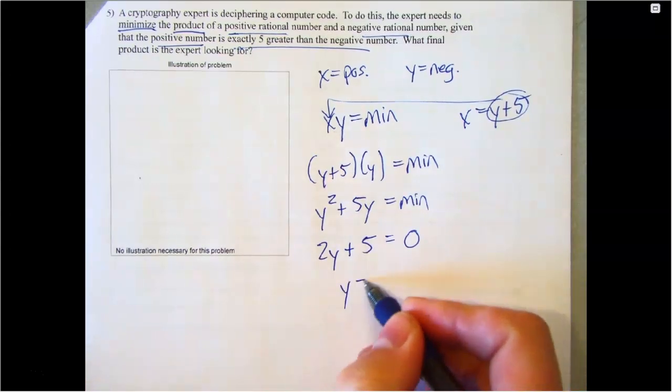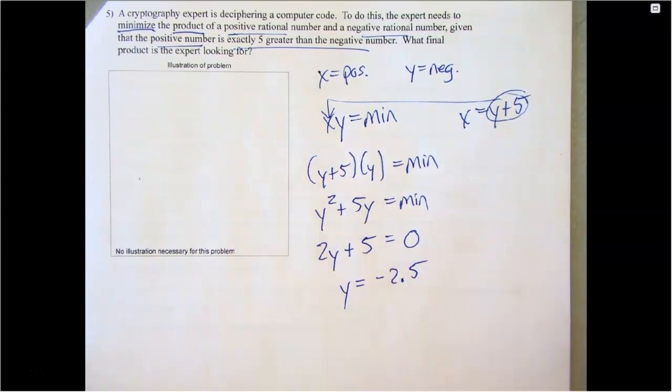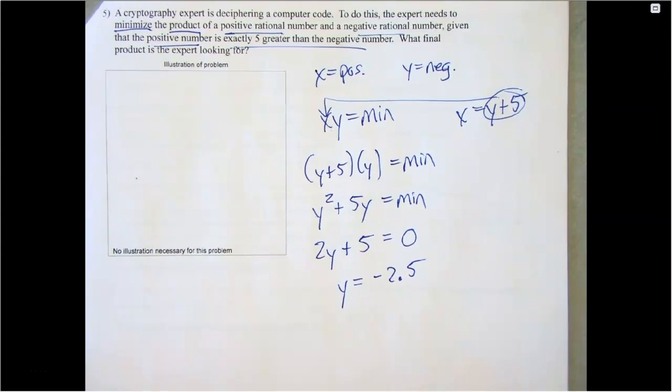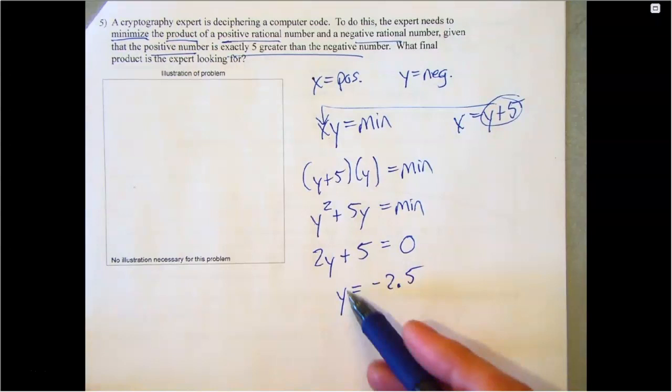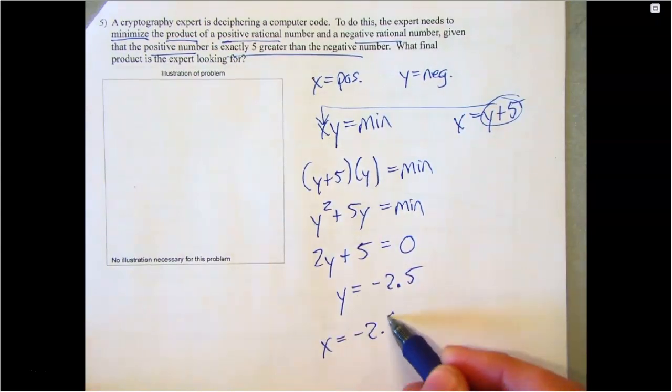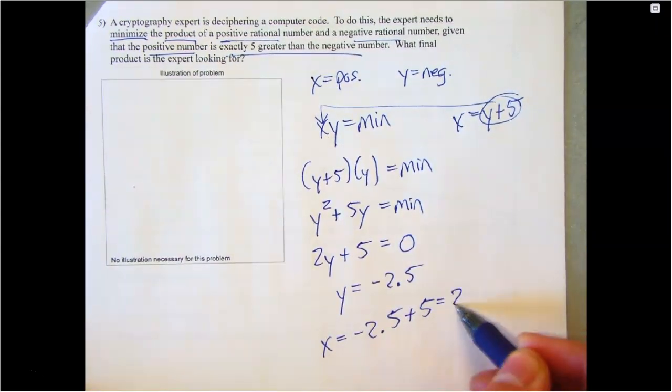If I solve that, I get y equals negative 2.5, which makes me feel like I'm on the right track because it's a negative number, as I said it would be. Then x is y plus 5, so that's positive 2.5.